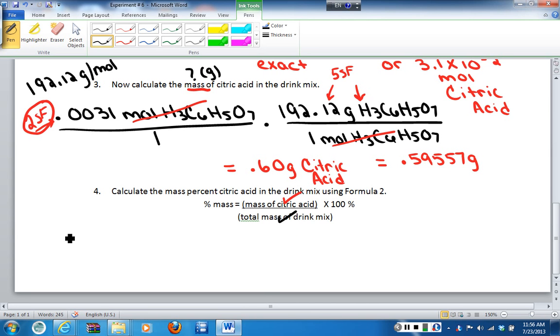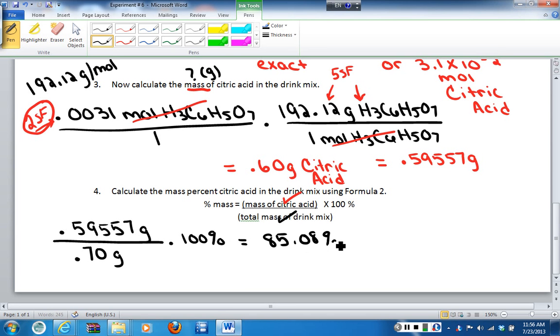For the mass of citric acid, we have to use the original number. We don't want to use the rounded number because that will introduce error. So we divide the mass of citric acid by the total mass of the drink mix, which the initial question mentioned was 0.70 grams. We then multiply by 100%.